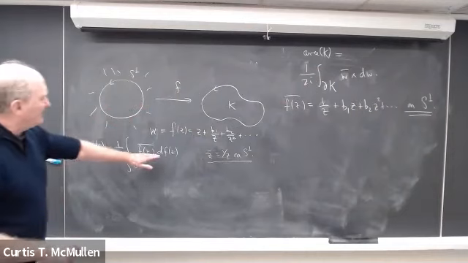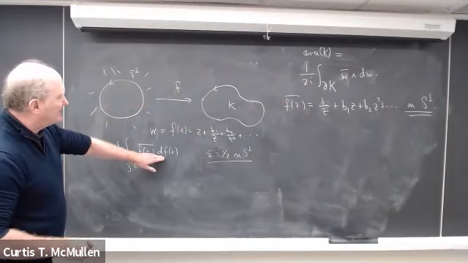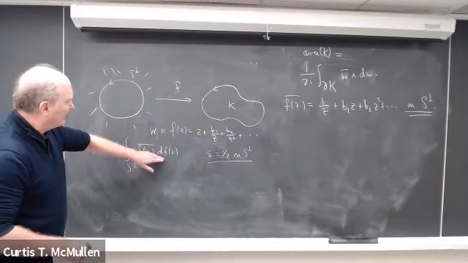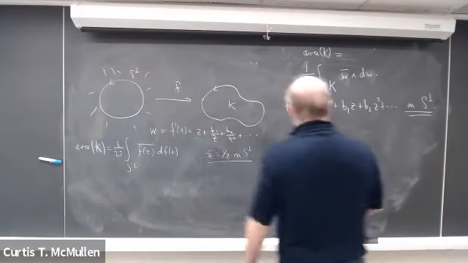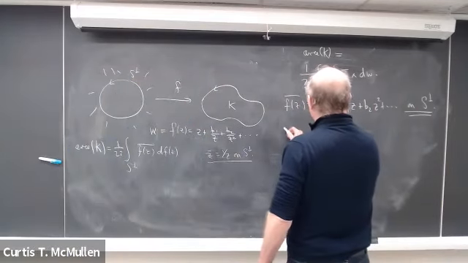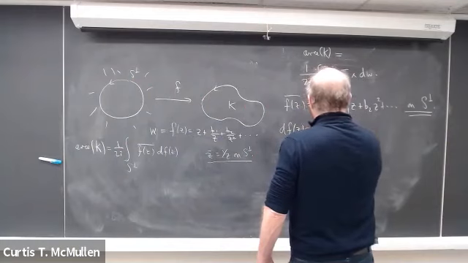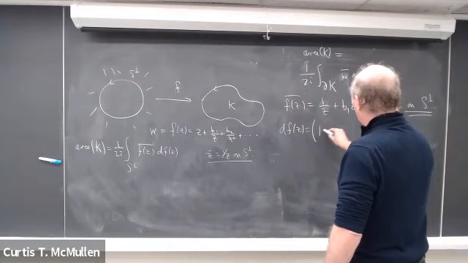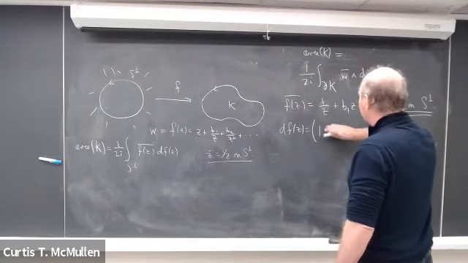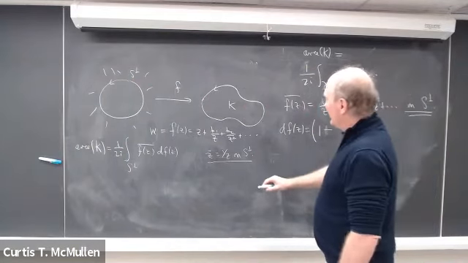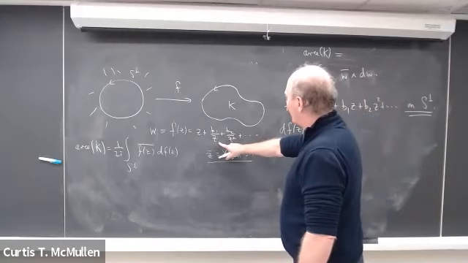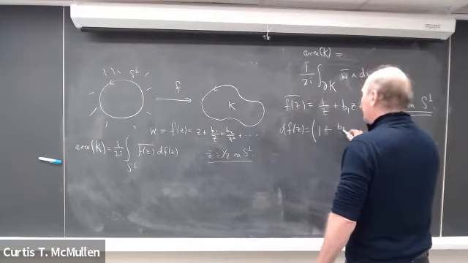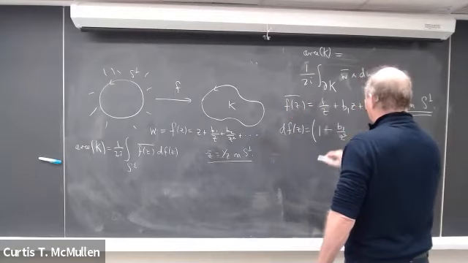Now, what about df of z? That should be pretty easy because this is just an ordinary differentiation of an analytic function, no big deal. So we just differentiate with respect to z, and we get df of z is, okay, so here we go, 1 minus, and now since this is a negative power of z, I'm going to get b1 over z squared.